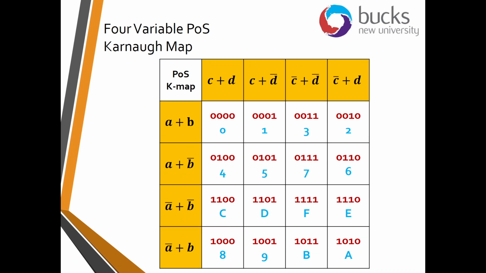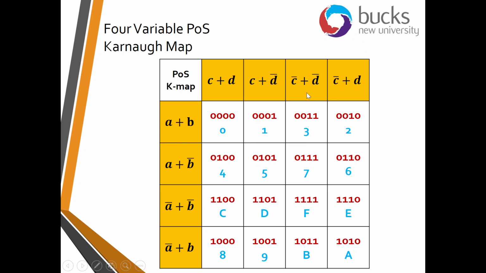So you can see here, this is the product of sums, and that's what I was saying about them starting out with zeros. So it's A or B or C or D, and as we move down, you'll see again it's the rightmost one that changes first. So it's right, then left, then right. And as we move across here, the right variable changes, then the left variable, and then the right variable.